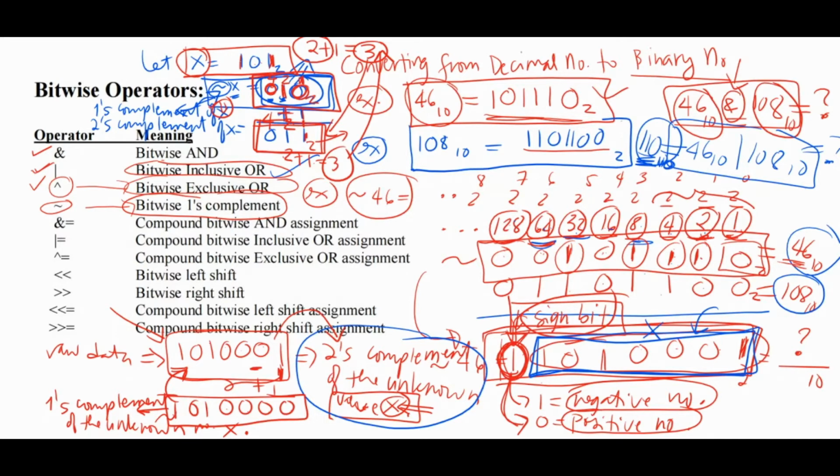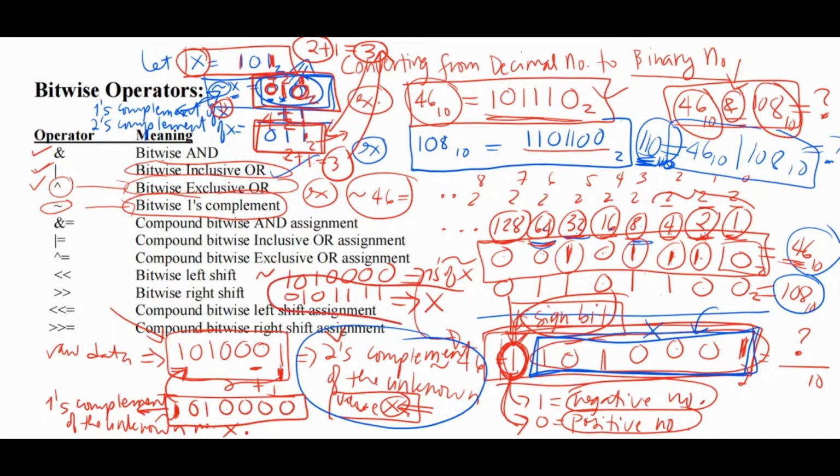So the not of this value, 1010000, is equal to, reversing each bit, 0101111. This is the 1's complement of x, and so this is the x.